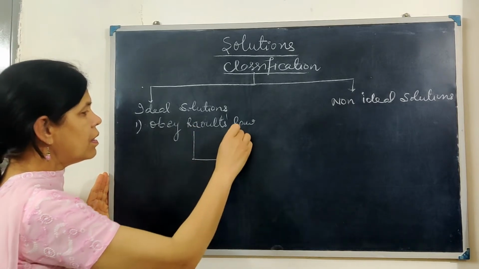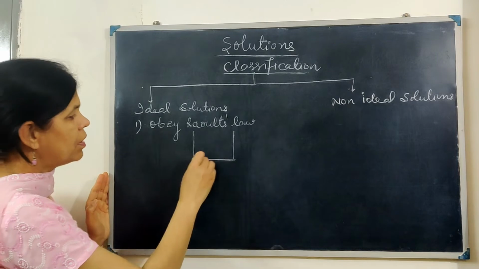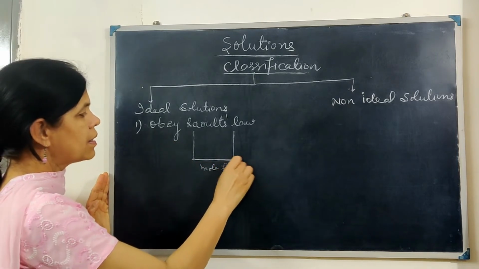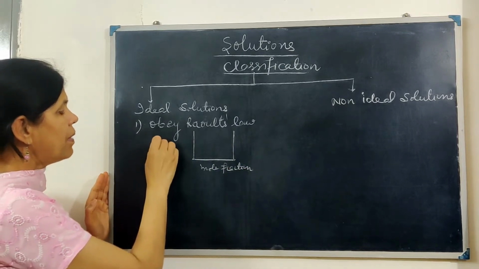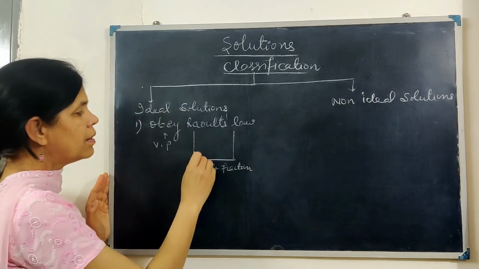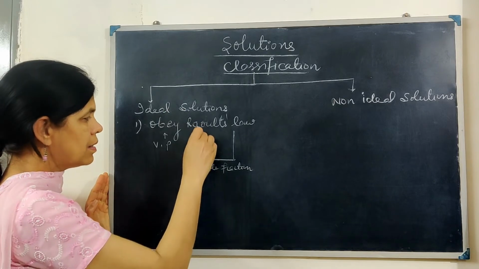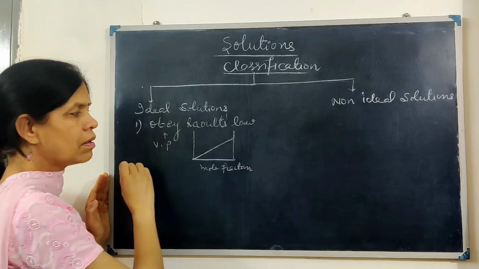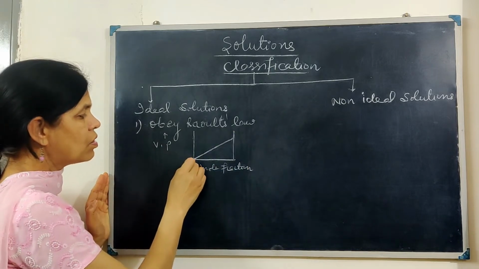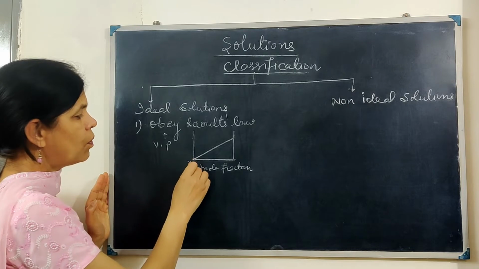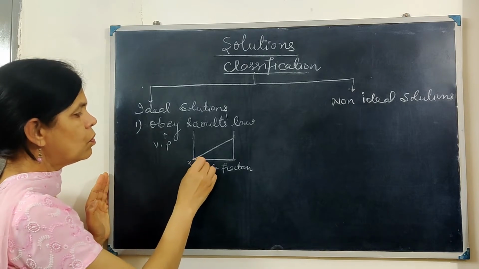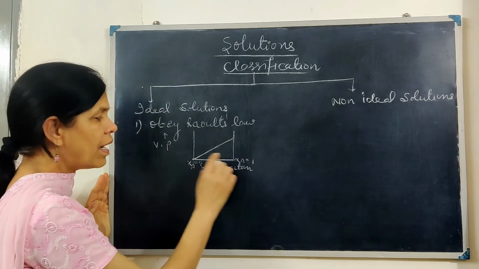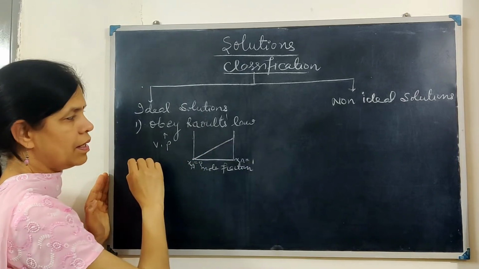according to the graphical representation, if you take mole fraction on the x-axis and vapor pressure on the y-axis, then the graph comes to be like this, which indicates that if you increase the mole fraction of component A from XA0 to XA1, the vapor pressure keeps on increasing.